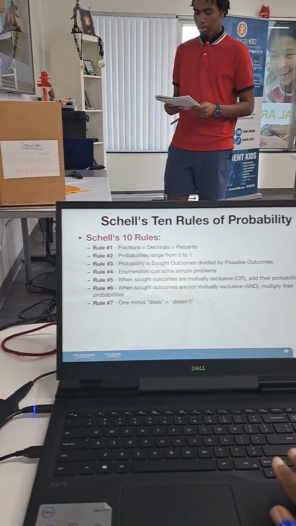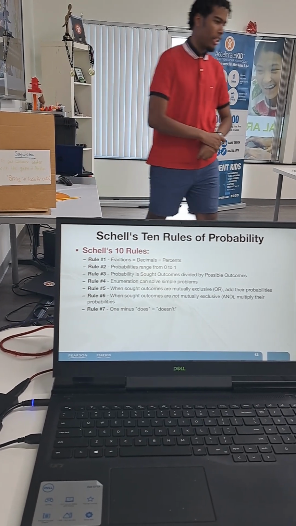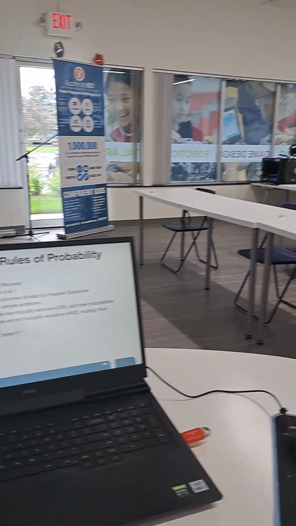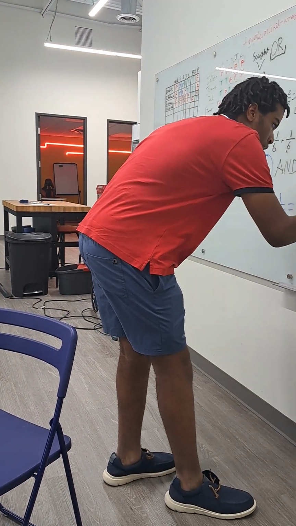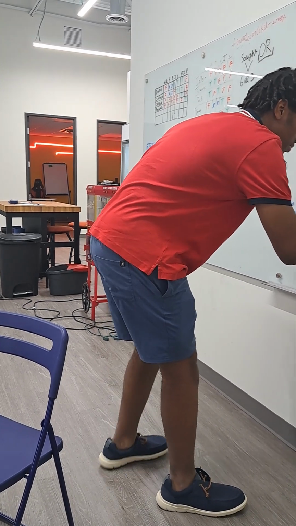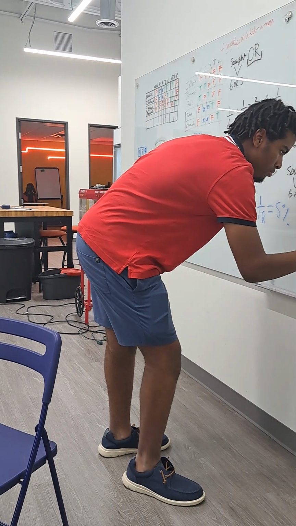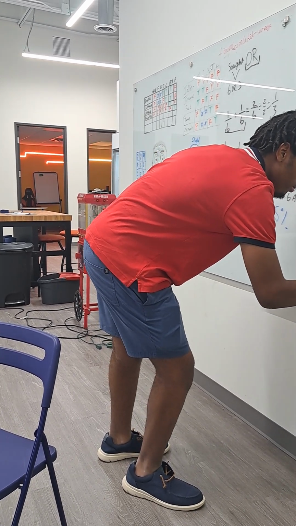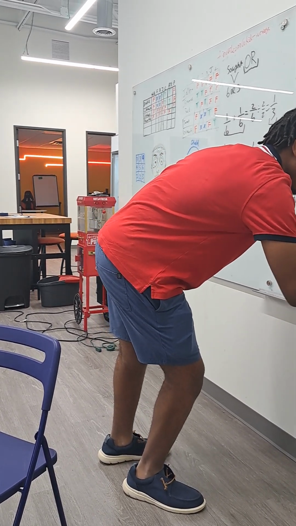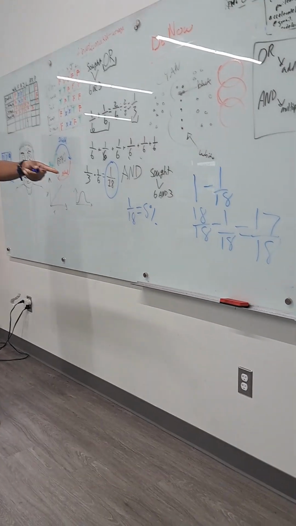Rule 7. 1 minus the probability equals the probability of it not happening. So, to add that to this right here, what we have here is a 1 and this right here. And what this gives us is 17 out of 18.